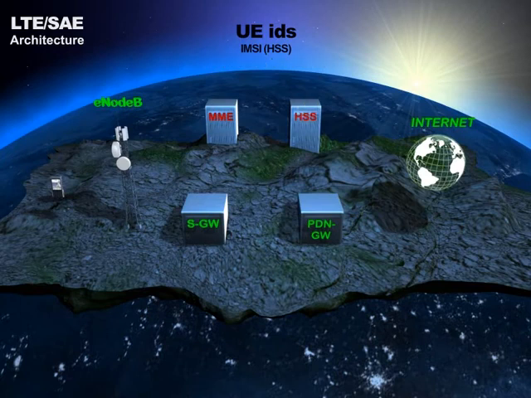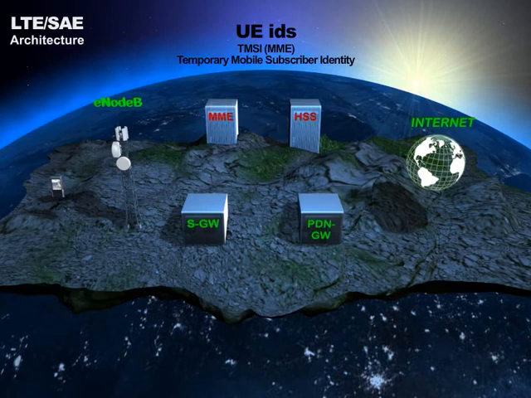Already from the start in GSM, there has been a high focus on security within the 3GPP technologies. When the mobile is communicating with the network, the IMSI is used as little as possible. Instead, an alias is used called the temporary IMSI. This temporary ID is allocated by the MME during the attach procedure.